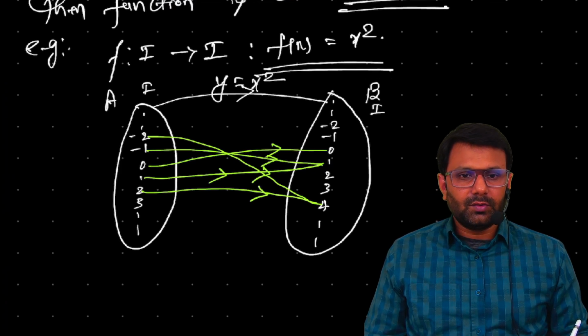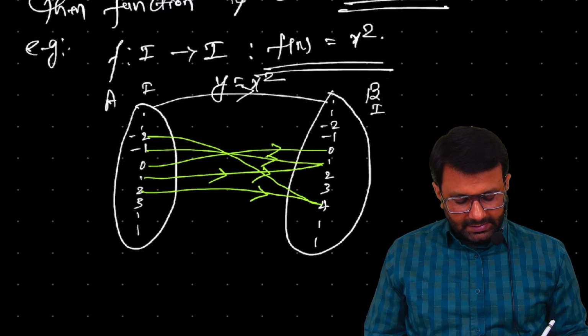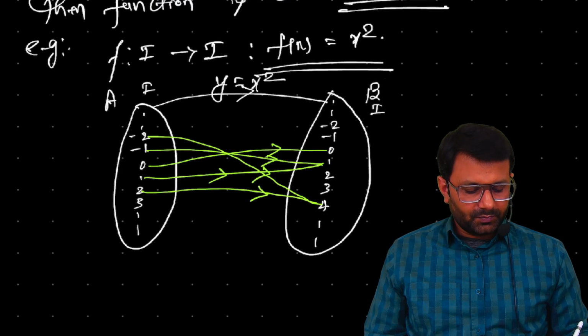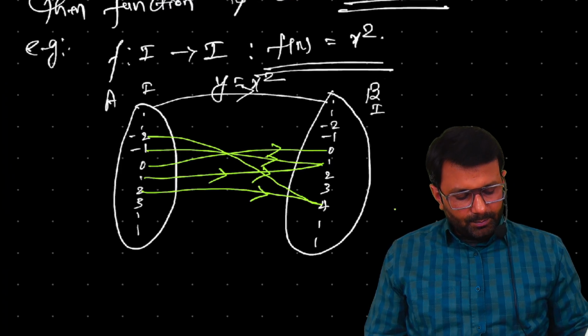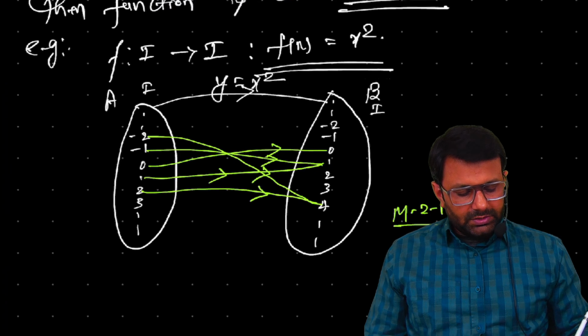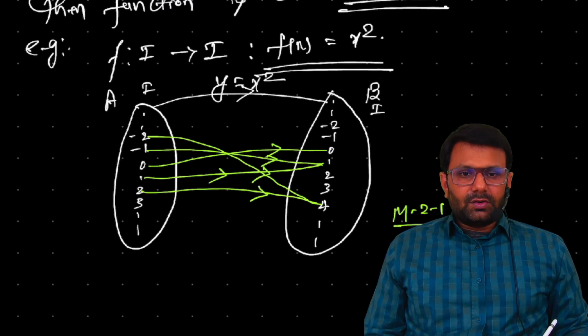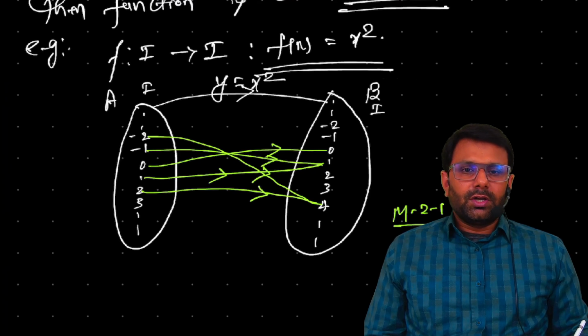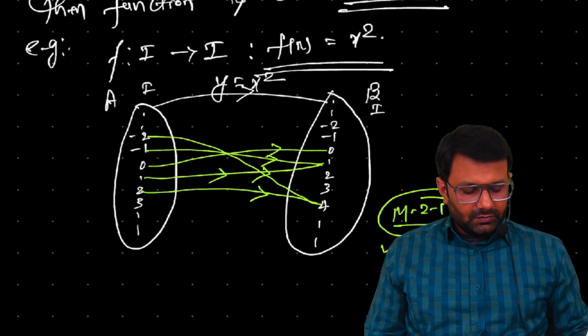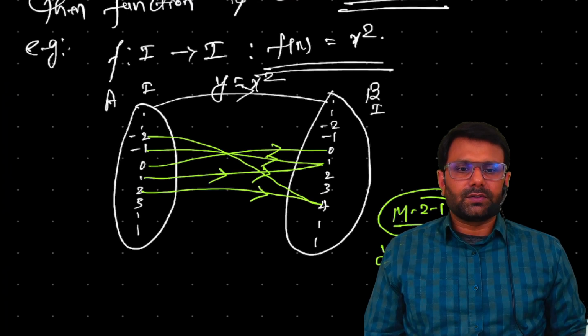Output is only 1. Same here, -2 and +2, output is 4 only. So two elements of set A are connected to only one element of set B. So this is called many to one function.